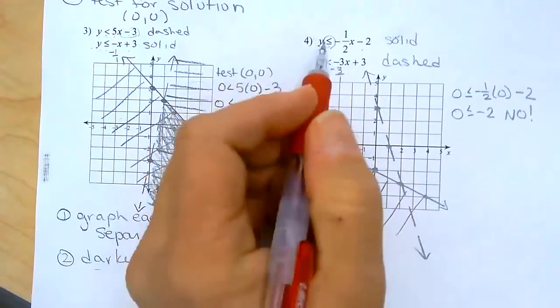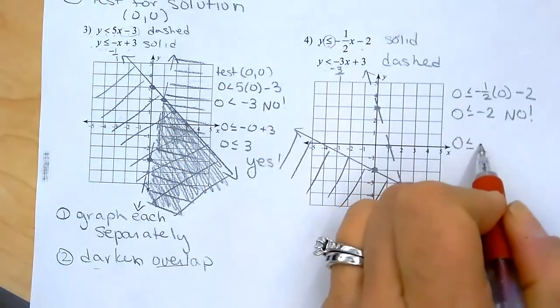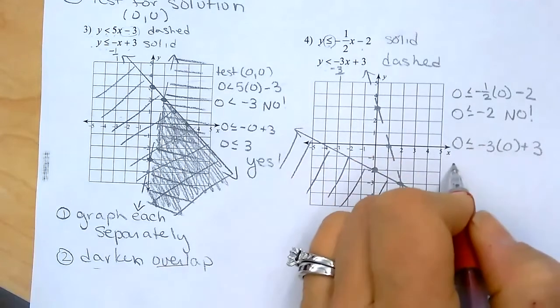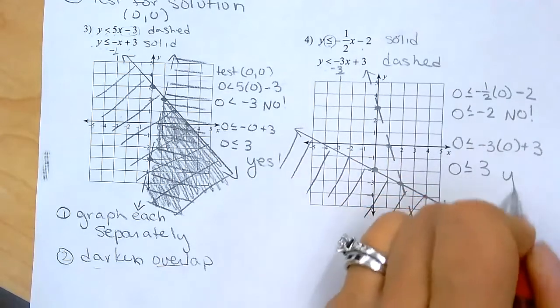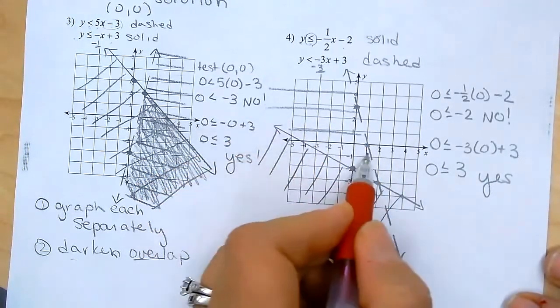Okay. Now test again 0, 0 in. Is 0 less than or equal to negative 3 times 0 plus 3? Is 0 less than or equal to 3? This time it's yes. So this one is going to go towards 0, 0.